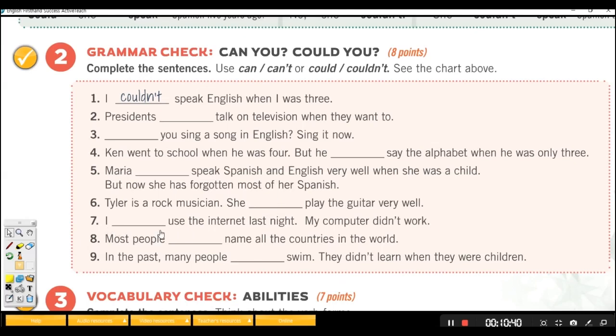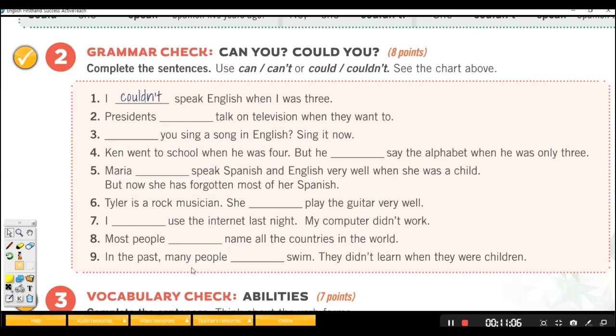Okay, and then I can or can't use the internet last night. My computer didn't work well. If my computer didn't work well, do you think I could use the internet last night? Most people, something, name all the countries in the world. Do you think that people can name all the countries in the world?